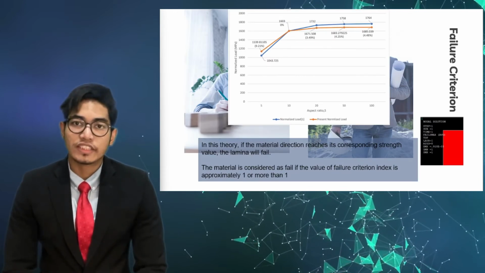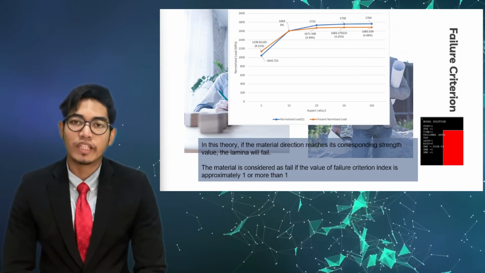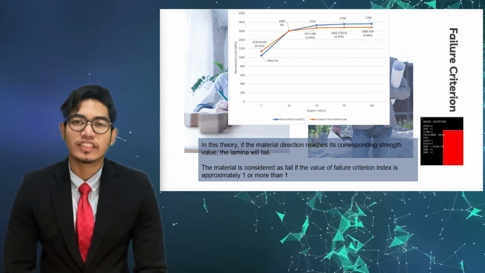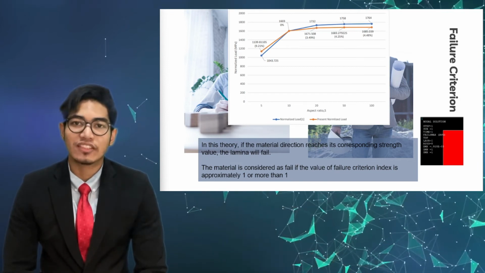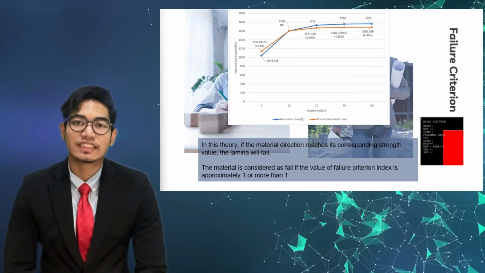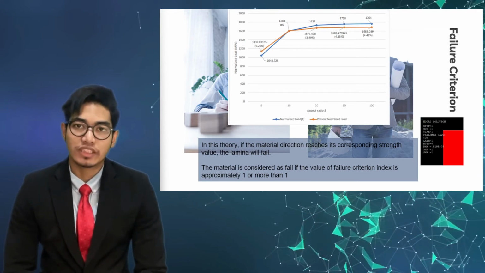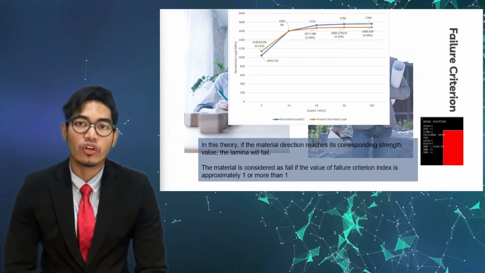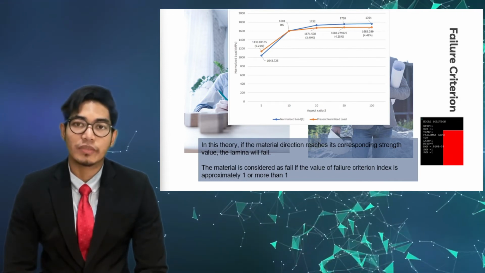For the failure criterion, my result is compared with Prof. Dr. Jamaluddin's data. Moreover, the failure criterion will be my objective result that I need to discover later on. So, the failure criterion is to estimate the failure of composite material. The material is considered failed if the value of the failure index is approximately 1.